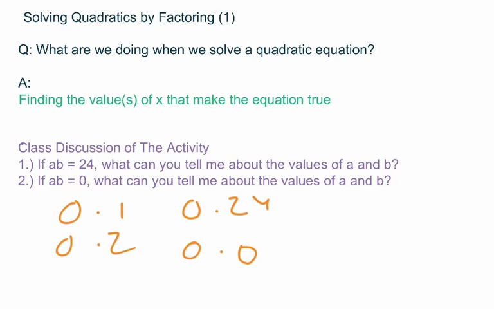It's possible for both of them to be 0. You could have 0 times the negative, okay, that would work too. Oops, I'm not writing very well here. Let's try that again. Okay, and the key idea there is that one of the numbers has to be 0. You can't get a 0 as a product without using a 0.